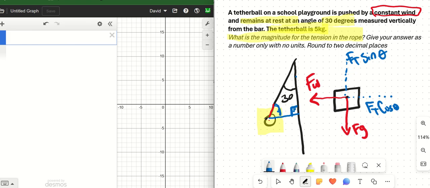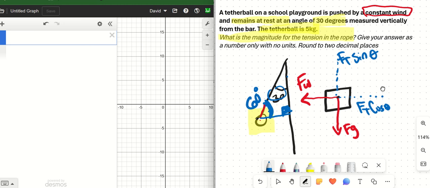Now I know that this is 90, this is 30, which means 90 plus 30 is going to give me 120. To get to 180, I'm going to need a 60-degree angle. So this angle right here is a 60-degree angle. That's the angle I'm going to plug in.